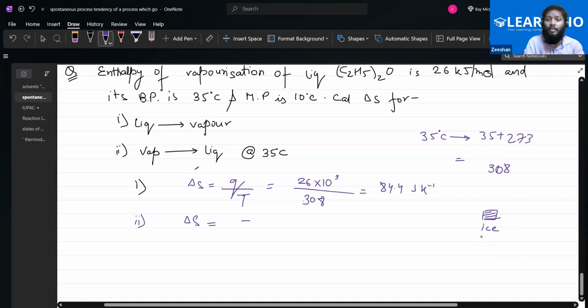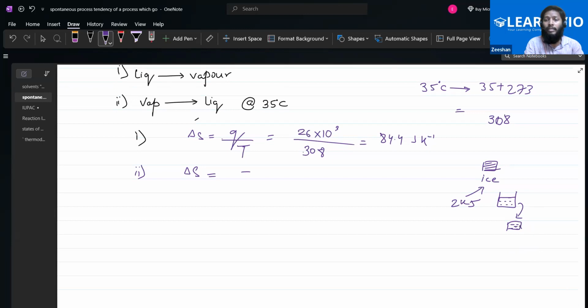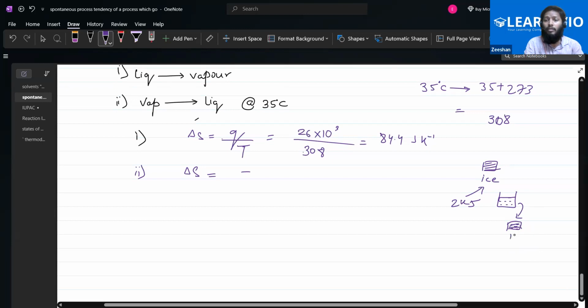If we give it 2 kilojoule, it will melt completely. We are taking an example only. If we extract 2 kilojoule from here, it will convert back into ice. This is a cyclic process actually. Are you getting it? So it will convert into ice.